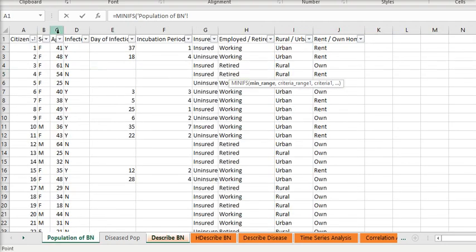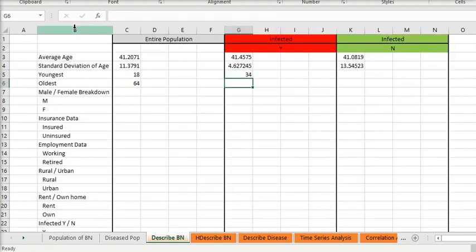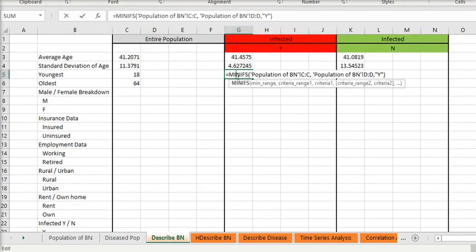So our min range is going to be the age. Our criteria is if they're infected or not. Criteria range 1 will be column D, and then the criteria, we're looking for yes. All right, so the youngest infected person is 34 years old.